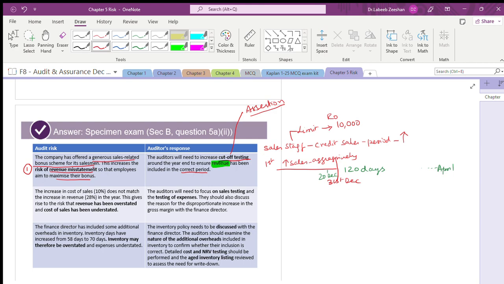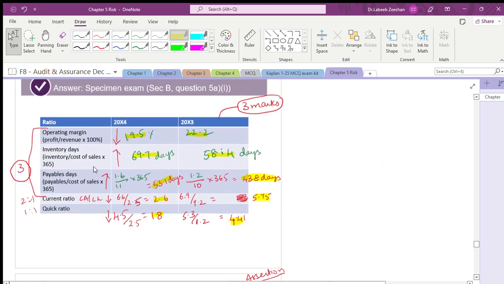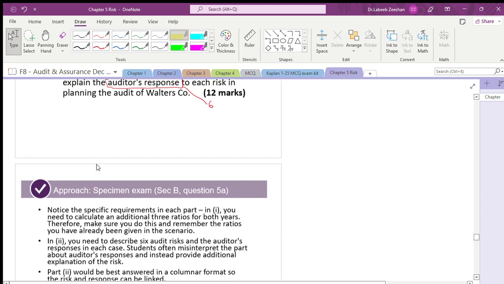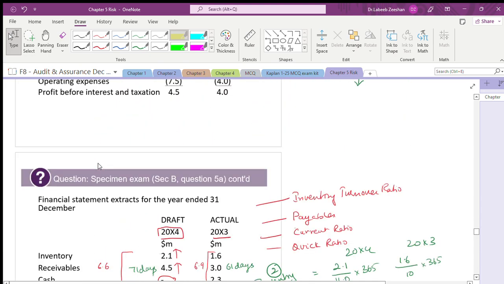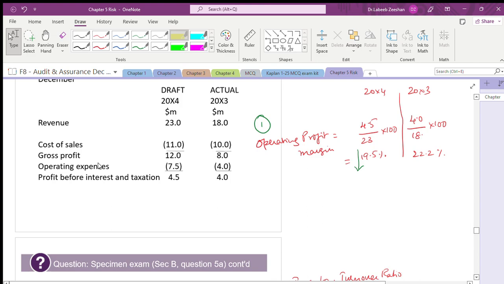Now, what is the second one? The increase in cost of sales does not match the turnover. What is the increase in cost of sales? How do you calculate the increase? 11 minus 10 divided by 10.